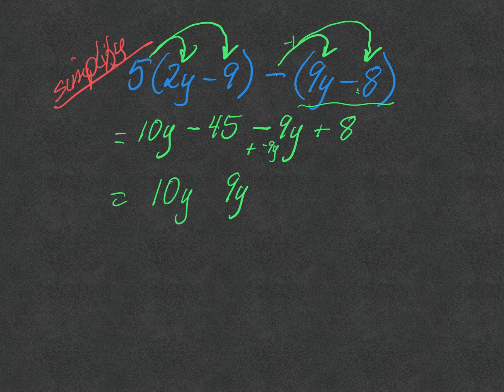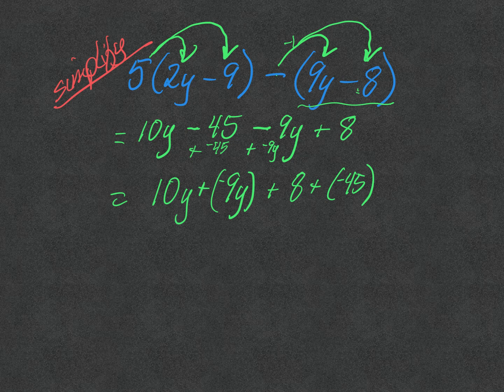Because I'm adding a -9y, I can switch the positions. And the same way, because I'm adding a -45, using the add-the-opposite definition of subtraction, I can put +8 plus a -45. Now that would be showing everything correctly.